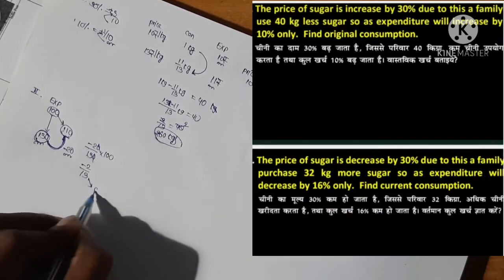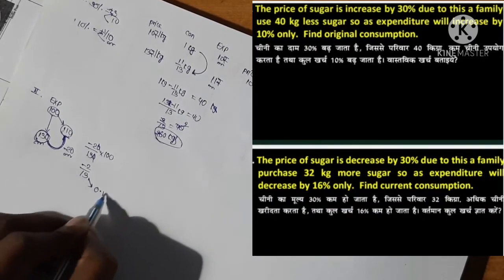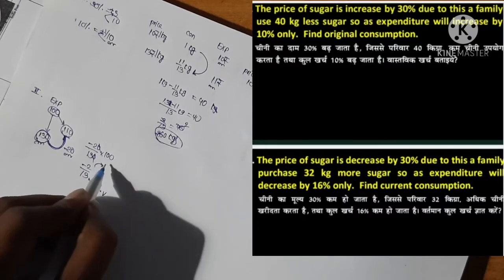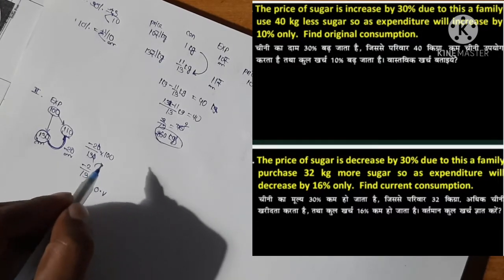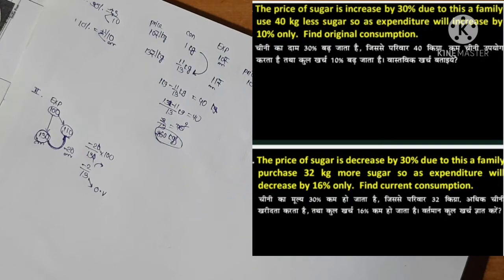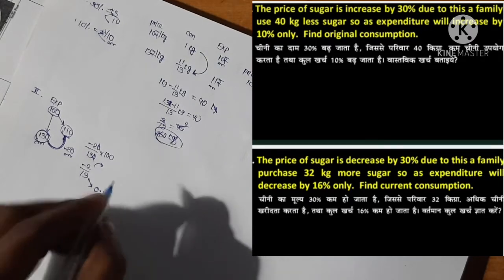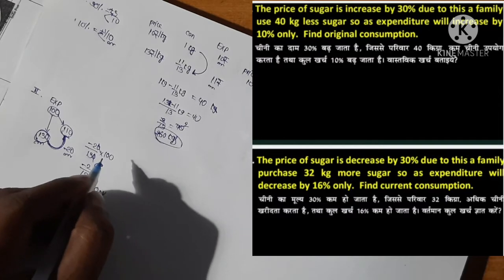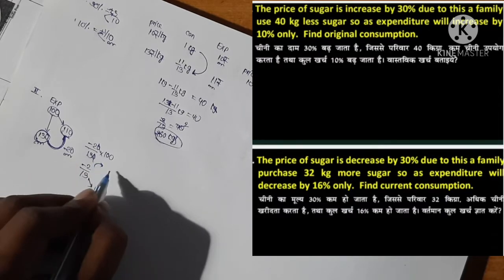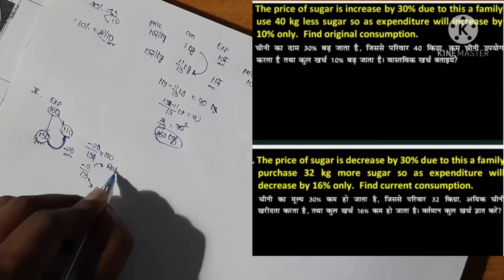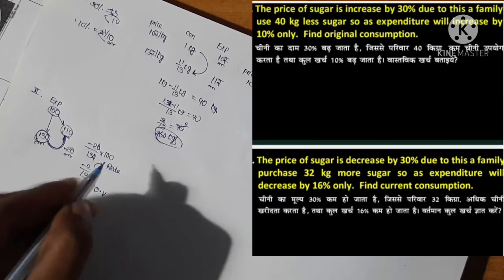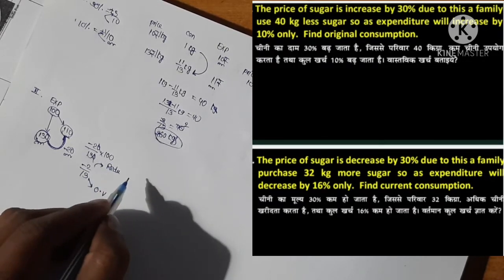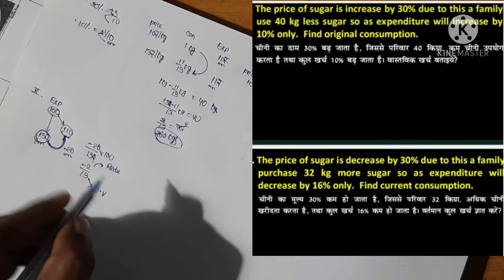So this is the original value, and that is the reduced consumption. A family uses 40 kgs less.